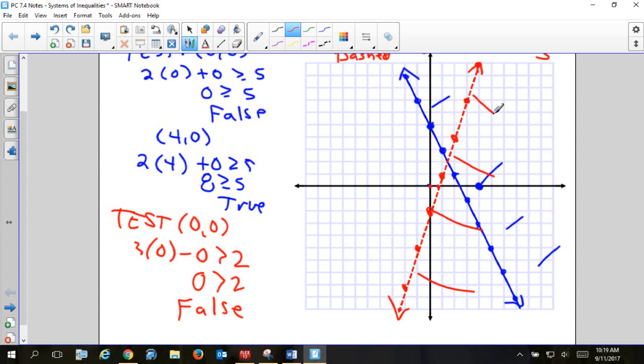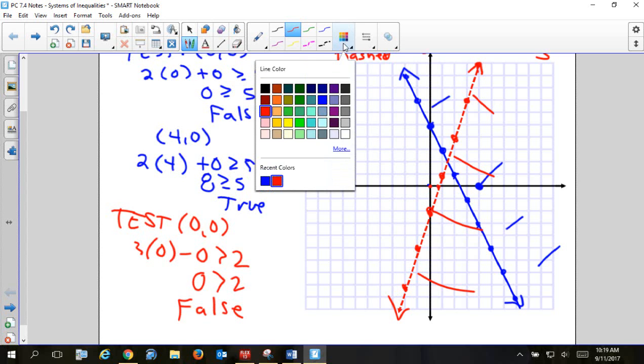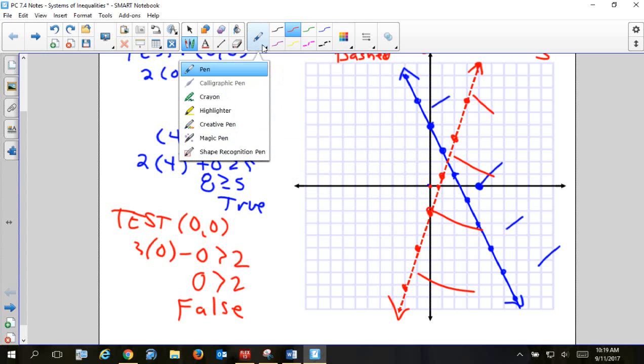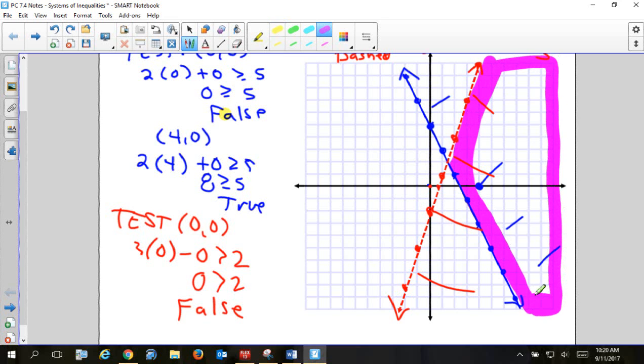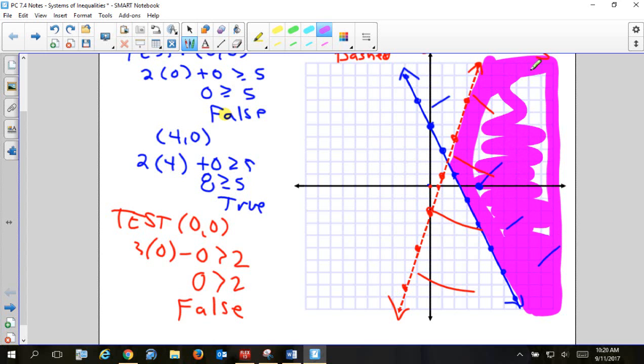Now there are infinitely many solutions. I cannot write down one solution. There's so many of them. So my answer is the graph. All I have to do is shade where both graphs overlap. And that will be my solution, my picture, because I cannot say one point that works.